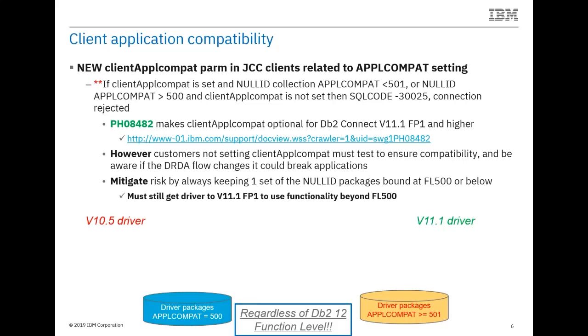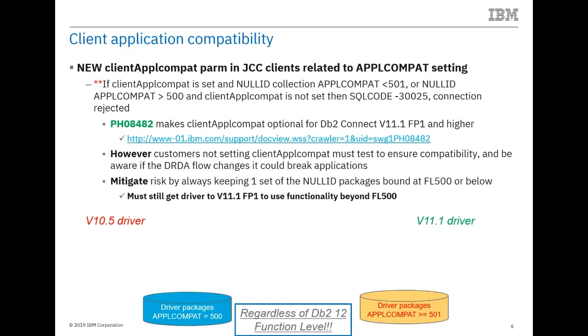You need that minimum level to understand what the clientApplCompat parameter is. So the idea here, again, is to delineate you migrating DB2 function levels and keeping those current while also having to manage migration of the driver. So we're segregating these so that the driver has to be somewhat current to exploit new feature function.